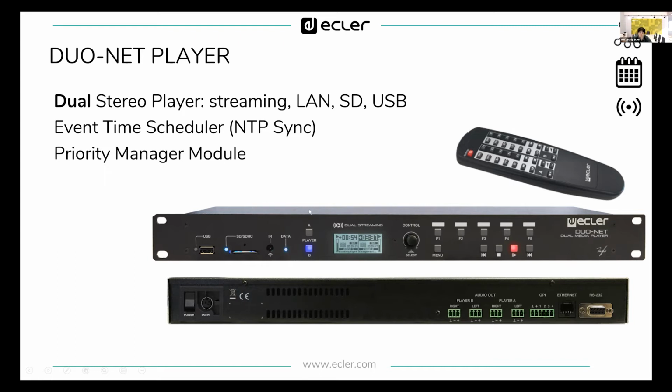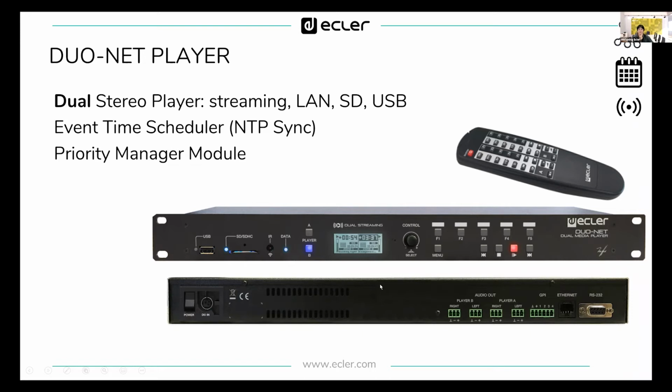We have priority manager modules. As you see here in the back, we have player A outputs left, right, and player B outputs left, right. You can configure by software if it's stereo or mono. If it's mono, you get the same signal on both outputs. And here we have GPIs.